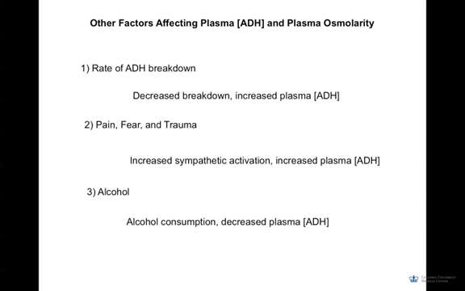So things like the rate of ADH breakdown. ADH is metabolized mostly by the liver. So under conditions where liver function has declined, you can end up with a decrease in ADH breakdown, which is going to create an increase in plasma ADH. And like I said, if that becomes significant, that can cause inappropriate actions of ADH.